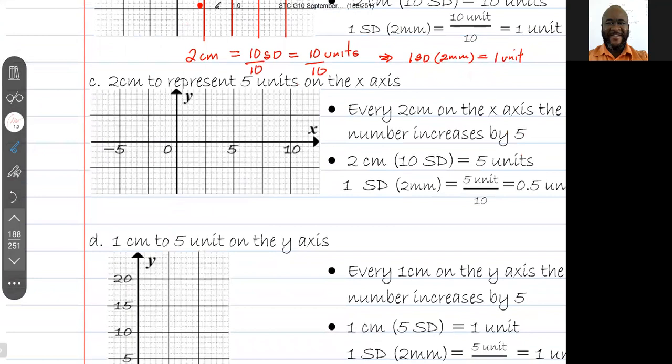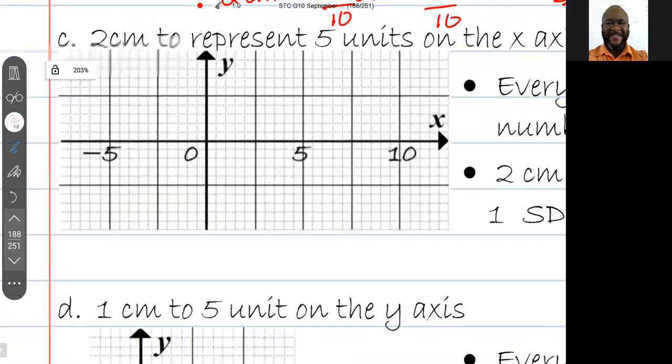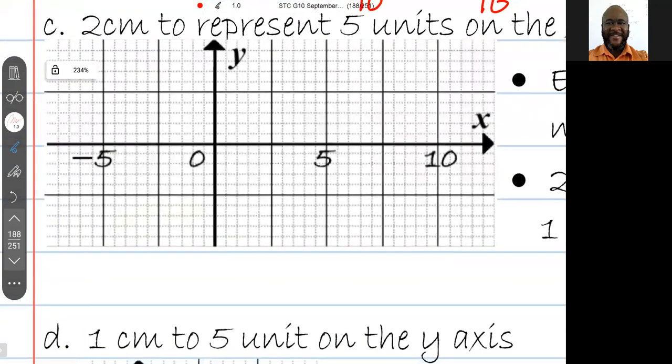Now, this scale says 2 centimeters to represent 5 units on the x-axis.